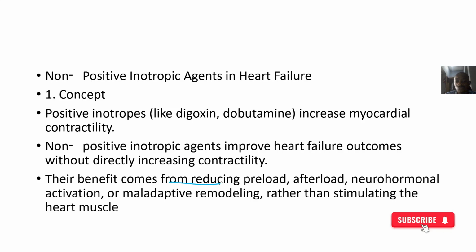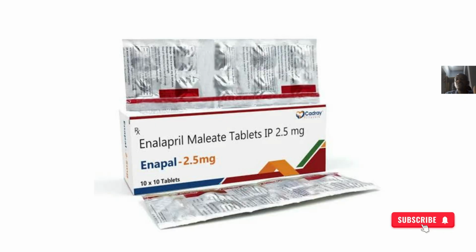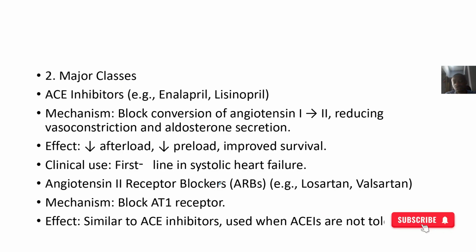So the benefit comes from reducing the preload, reducing the afterload, and controlling the neurohormonal activation, maladaptation and remodeling. Do you understand? They don't really focus on increasing the heartbeat to handle this issue.